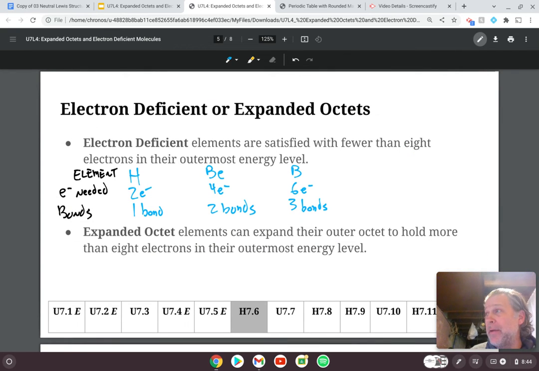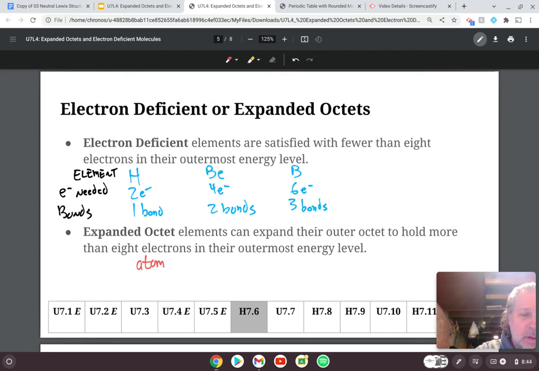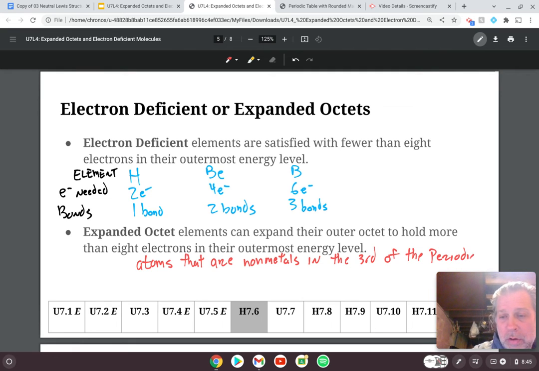So an expanded octet occurs with atoms that are nonmetals in the 3rd period of the periodic table and beyond.